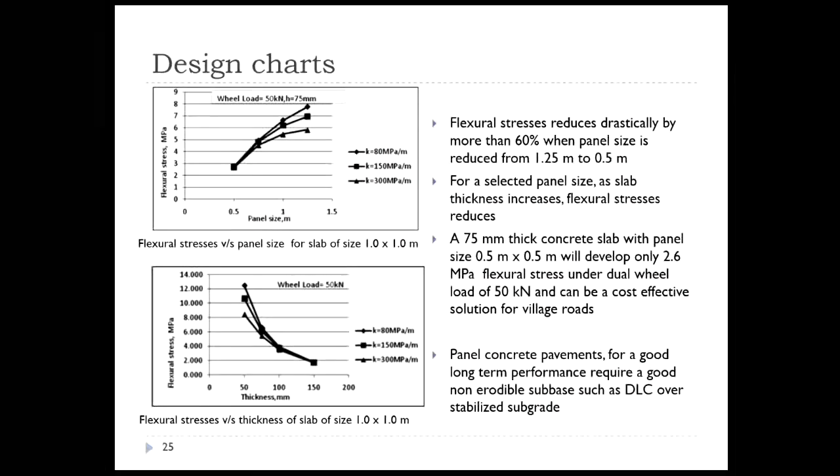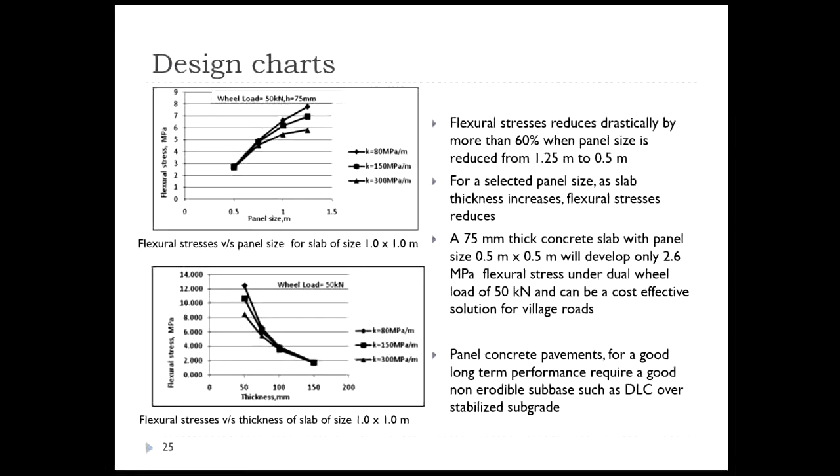So these are the design charts. How one can choose is, we need to consider a certain panel size. We can either go for 0.5 by 0.5 or 1 meter by 1 meter panel size.